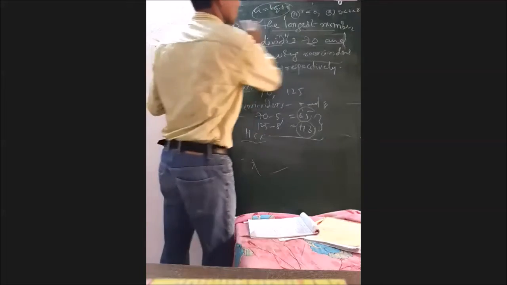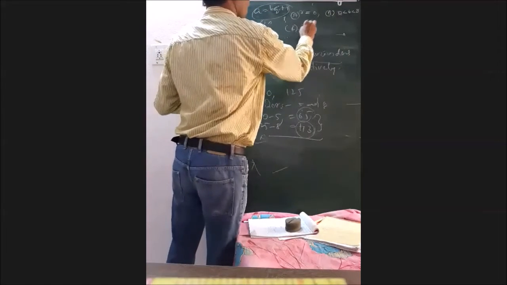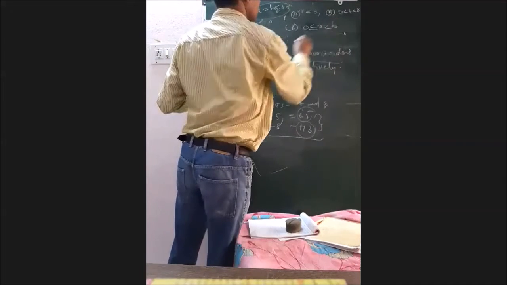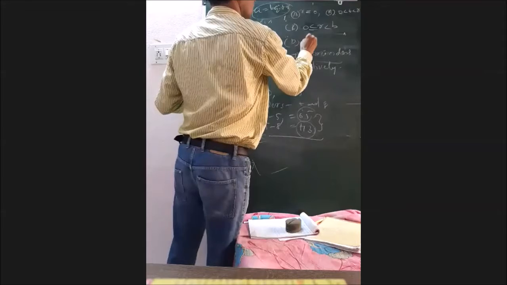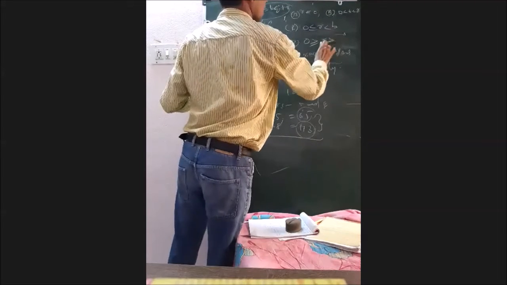And one more thing, the options will be like this. Then C, 0 less than or equal to r less than b, and D will be 0 greater than or equal to r greater than or equal to b.